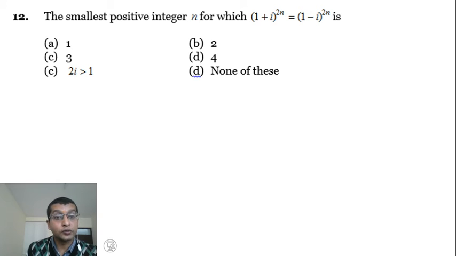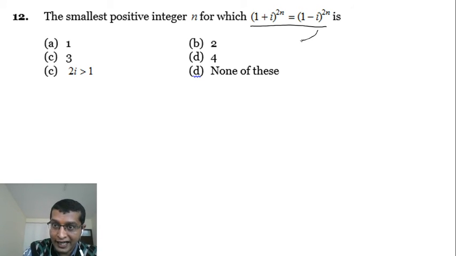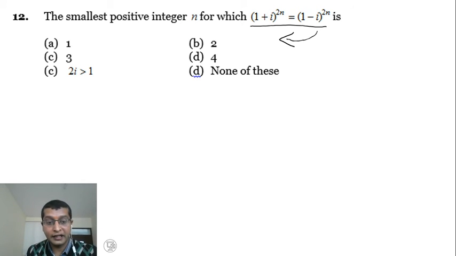The smallest positive integer n for which (1 plus i) raised to 2n equals (1 minus i) raised to 2n is, see, smallest positive integer we have to take. So for that I take this expression and then transpose this term to the LHS.